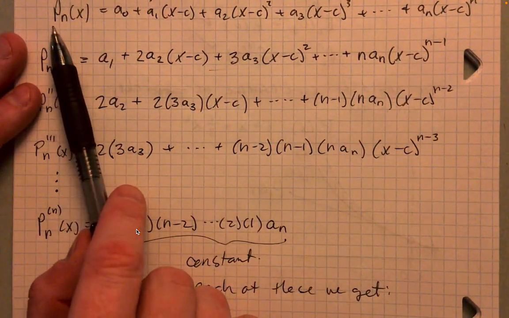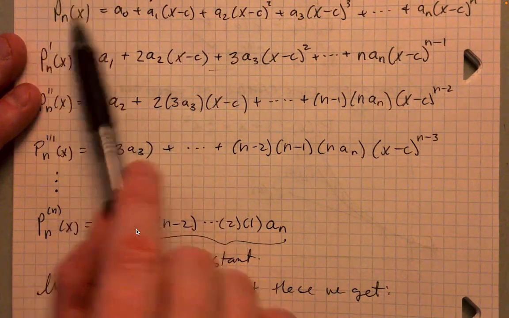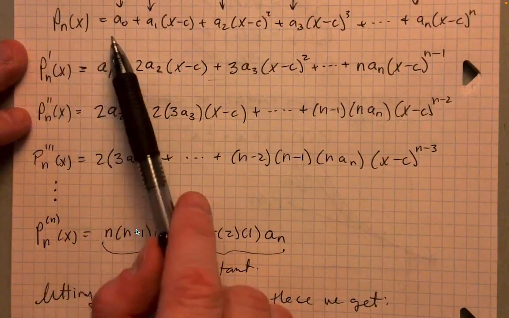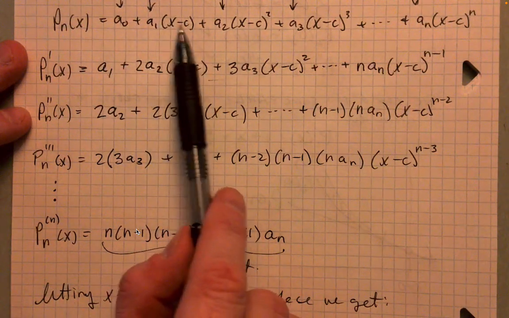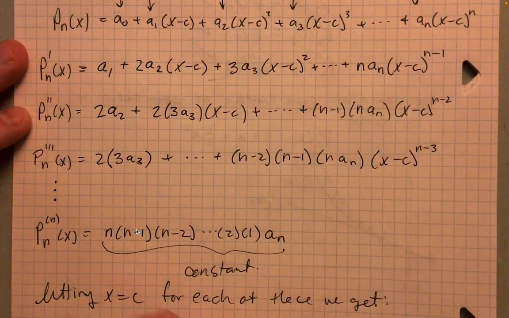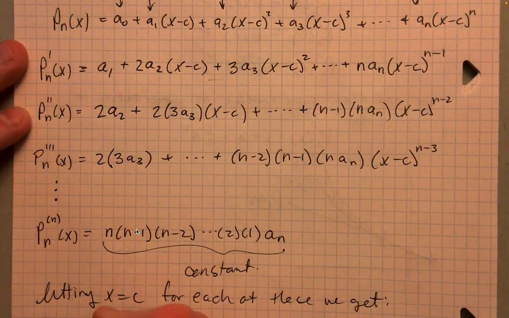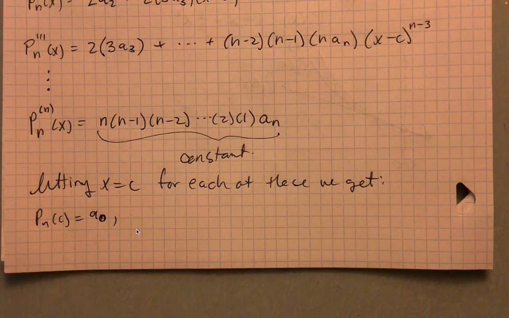If we plug in x equals c for the polynomial itself, you get a0 plus a1 times c minus c. So this is 0. This is also going to be 0. This is also going to be 0. So P sub n of c is just a sub 0.